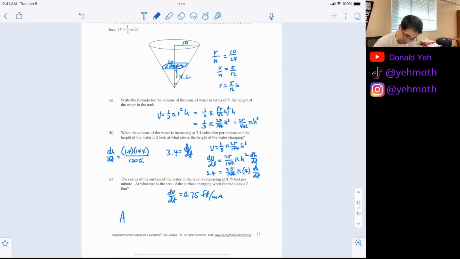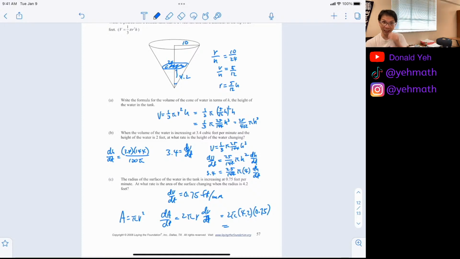So area is equal to pi r squared, dA/dt is equal to 2 pi r dR/dt. That's just equal to 2 pi, r is going to be 4.2, and dR/dt is going to be 0.75. You can leave your answer like that, and that should be fine.